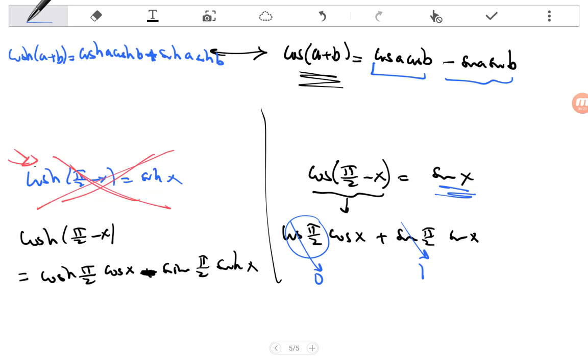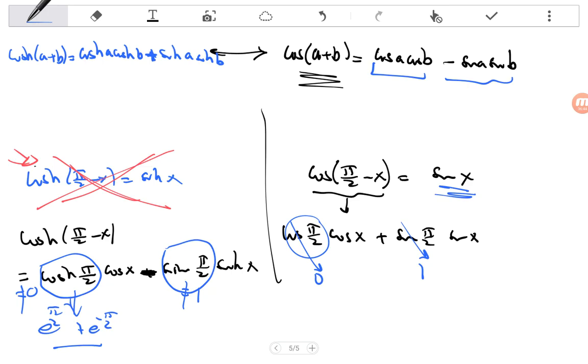But in this case, cosh pi over 2 and sinh pi over 2 are not 0 and 1 like trigonometric functions. These are just e exponentials, e power pi over 2 plus or minus e power negative pi over 2, and this is not equal to 0 and this is not equal to 1. Okay?